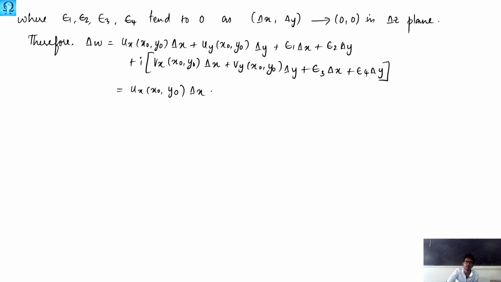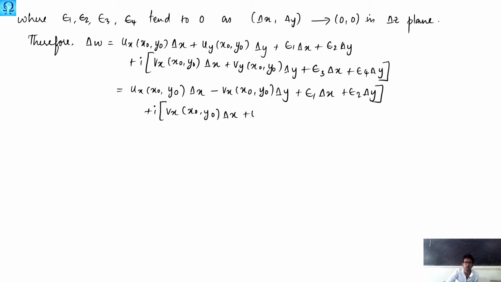So uy is equal to minus vx, so this may be written as minus vx evaluated at (x naught, y naught) multiplied with delta y, this quantity as it is, and then we have epsilon 1 delta x plus epsilon 2 delta y, plus i times, we shall have this as it is, delta x, and this one, since ux is equal to vy, we change this to ux delta y plus epsilon 3 delta x plus epsilon 4 delta y.